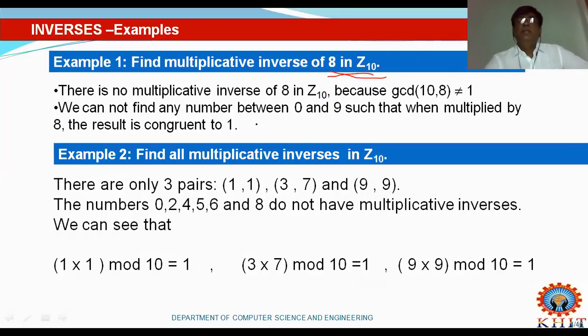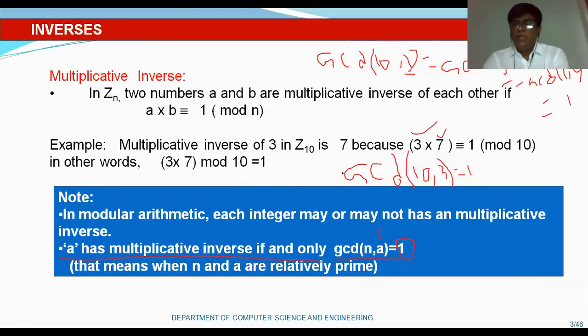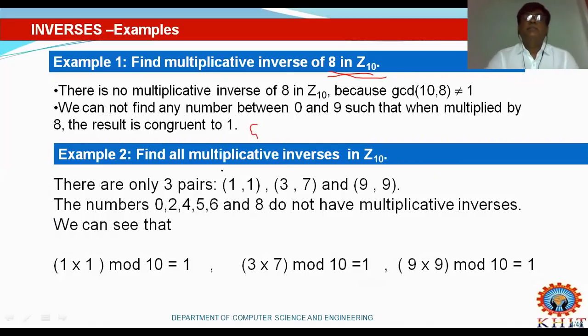GCD of 8 comma 10 is equal to GCD of 8 comma the remainder after dividing 10 by 8. 8 ones are 8, so 10 minus 8 is 2.